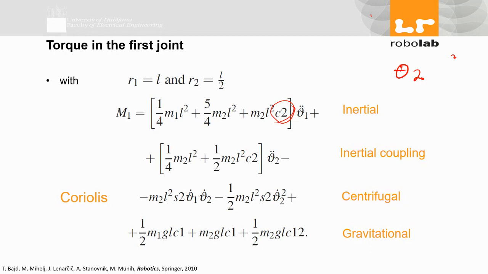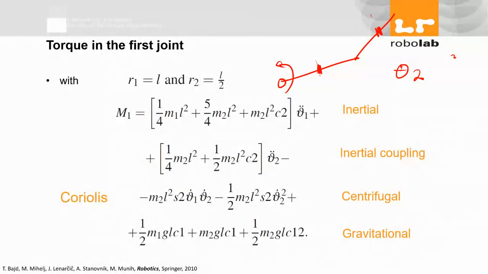This cosine of theta 2 is kind of inertia added to my original link, because I have this and this load is there. So the torque I need to apply is to overcome the force here, and also needs to move this one as well. This one is also connected to the first motor, and so on and so forth. Endless number of different questions can come out of this. You need to have an understanding of this.